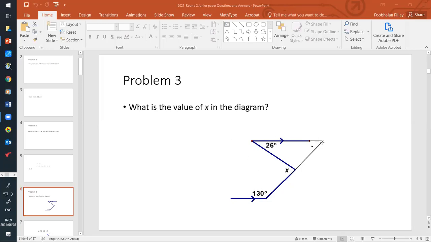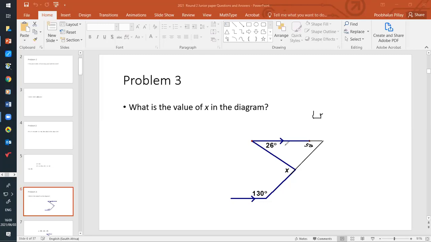And these lines are parallel. So these 130 and this unknown angle are actually co-interior angles. So if one is 130, the other has to be 50. Because co-interior angles, what we call the U angles, are supplementary. They add up to 180.